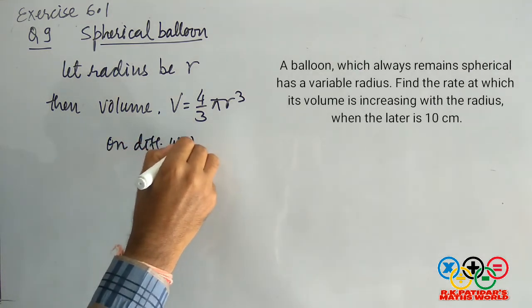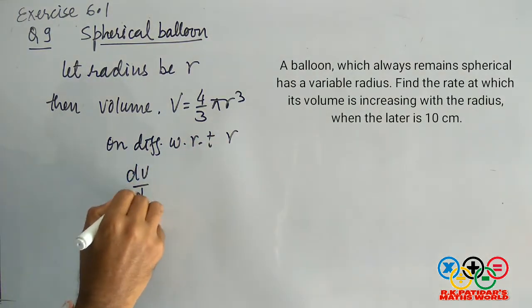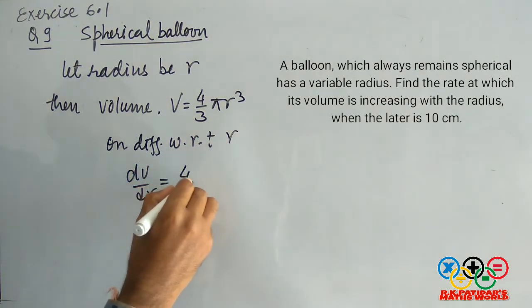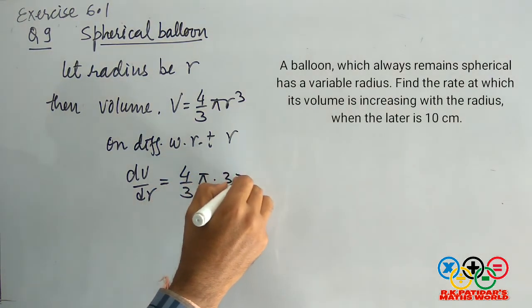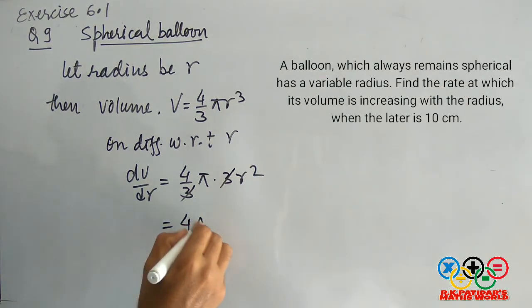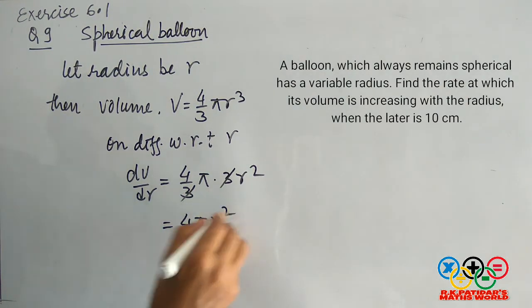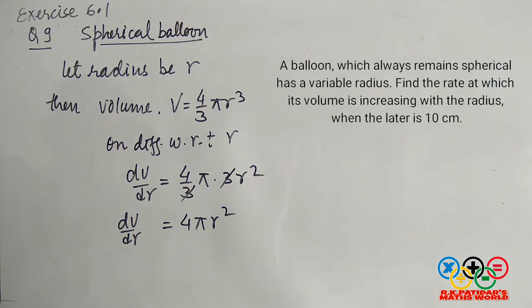On differentiating with respect to r, dV/dr is equal to 4 by 3 pi into 3r square. इसे 3 कैंसिल हो जाएगा, ये हो जाएगा 4 pi r square. It is dV/dr.